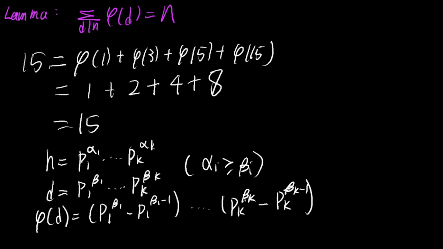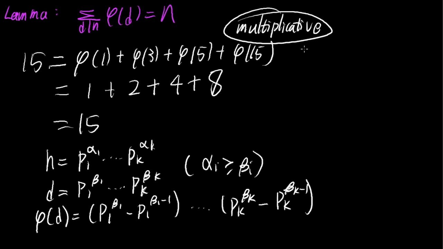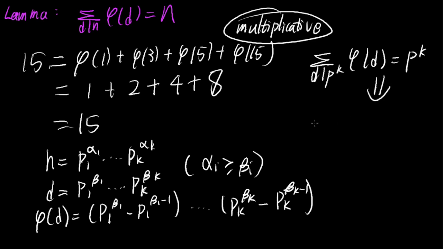And the thing is that we can simplify this problem through the multiplicative property, right? Multiplicative is a very good property. We can simplify many things by it. If we can prove the formula for n equal to a prime power pk, we can prove the formula for every n.